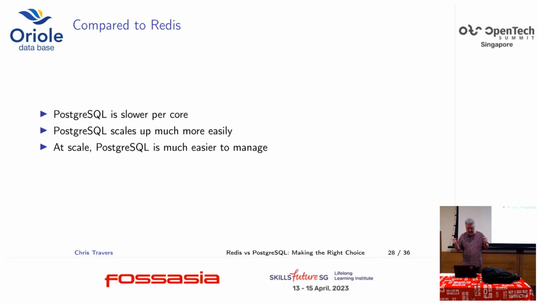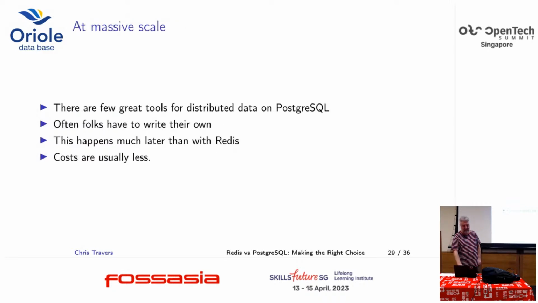And at scale, Postgres is just a lot simpler to manage. So in many cases, if you're centralizing everything, you may find it much, much easier to put things on Postgres. But at massive scale, you still have to write all of your own sharding pieces. So costs are usually less.